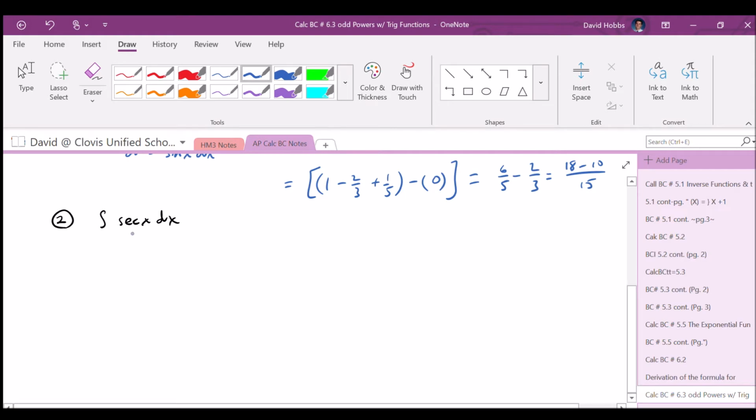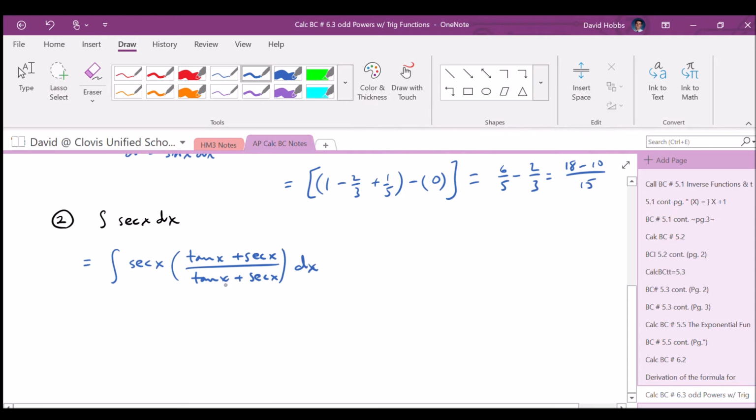But anyway, we've carefully avoided this situation, and if you're saying, well, I can just do 1 over cosine, yes, that's a great idea, except that if we do u as cosine x, there's no du. And so somebody somewhere along the line figured out that if we multiply the top and the bottom of secant x by tangent x plus secant x, now, I have no idea who originally thought to do that.